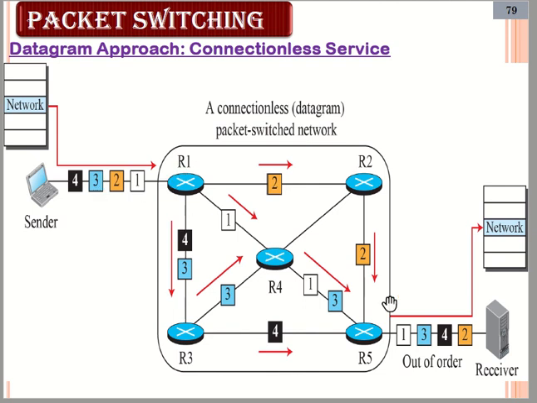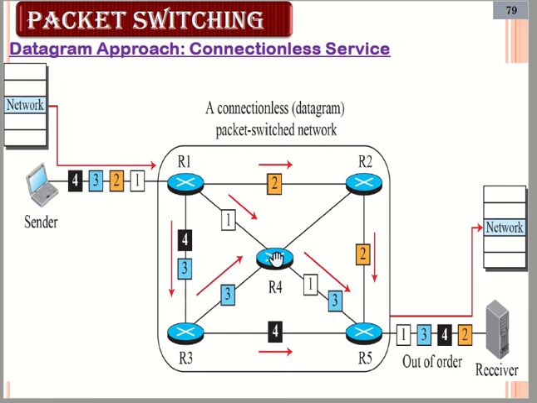If you see the destination here, frame 2 has reached first, before frame 1. We got frame 2 first, then frame 4, then frame 3, and lastly frame 1. So even though multiple paths are possible between the source and the destination, the packet is sent depending on the best possible route.